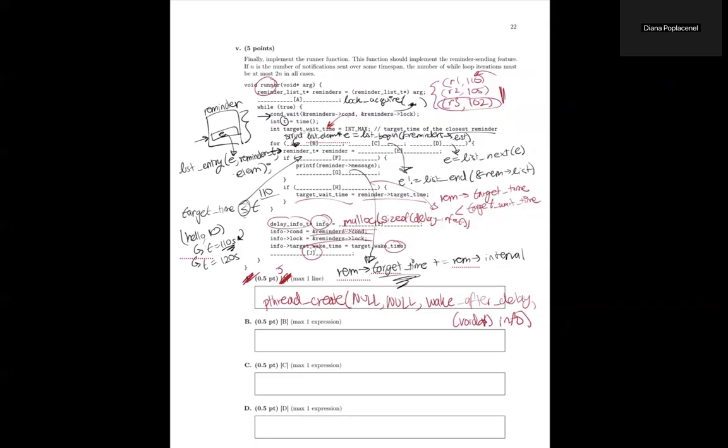So in wake after delay, we're going to sleep for some time and then signal that condition variable. Runner is going to wake up after that cond wait call and execute another iteration, check who we need to print, and keep iteratively doing that until the program terminates.